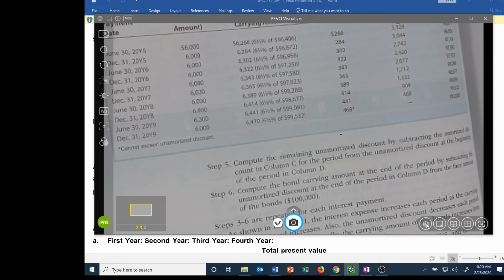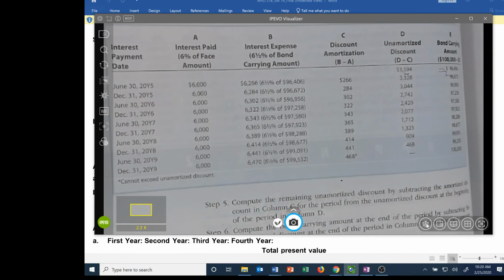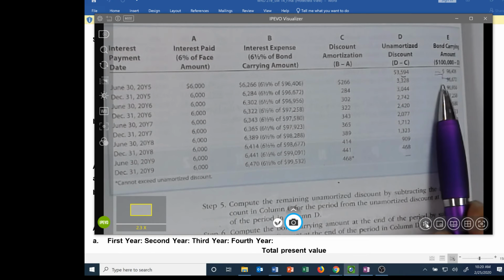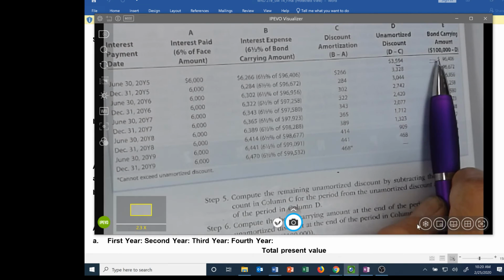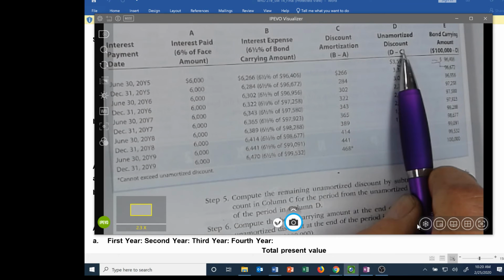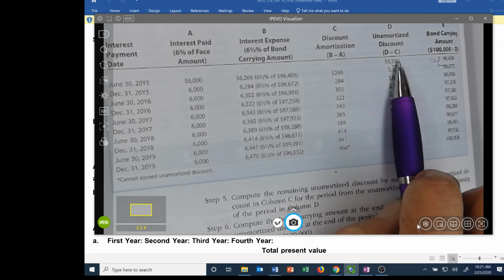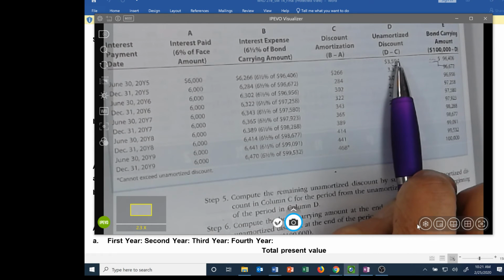So put that in column 0, right here, last column. Now subtract that amount from 50 million and put your unamortized discount. All right, we've got column 0 ready to go, right?